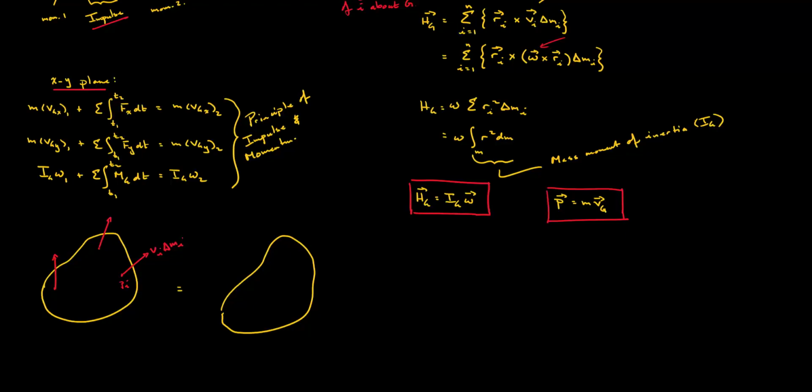And this is equivalent to just drawing this as having a linear momentum vector at the center of mass and an angular momentum vector about the center of mass. So the question arises, what if we want to have the momentum be computed about a point other than G?